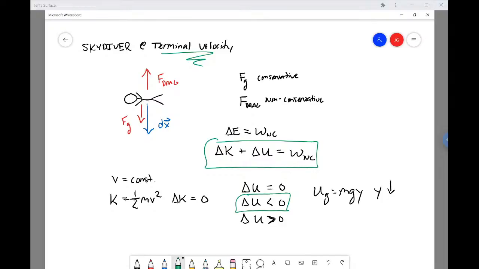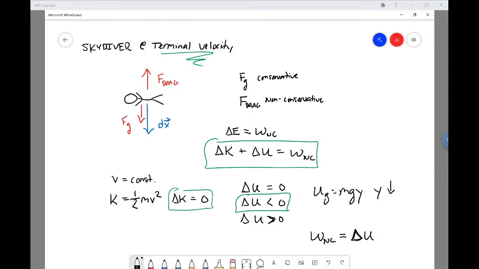All right, so we think about the work energy theorem now with these two facts. That means the work being done by the non-conservative force of drag is equal to the change in potential energy, because delta K is 0.